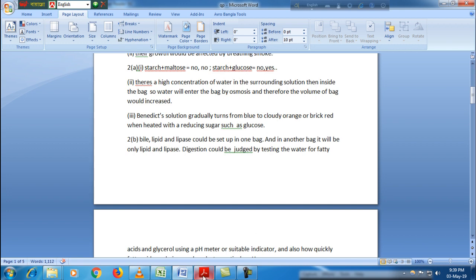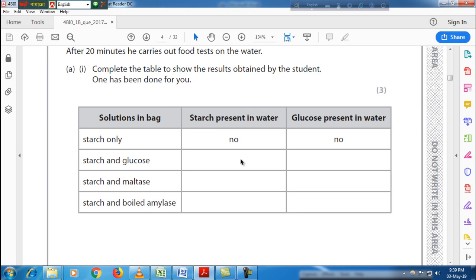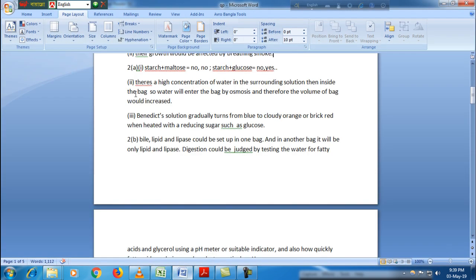In the case of starch and maltase, in the glucose column it will be no.